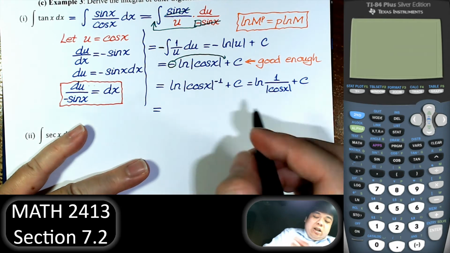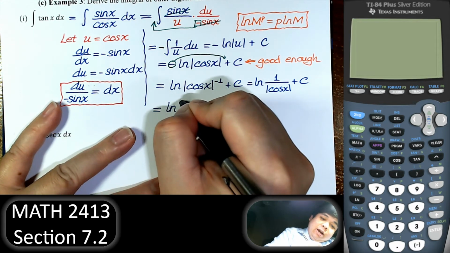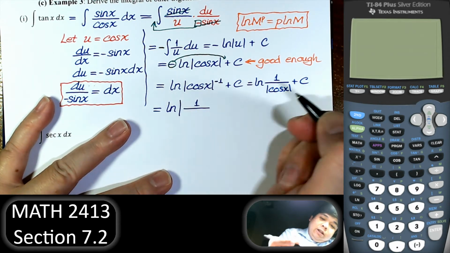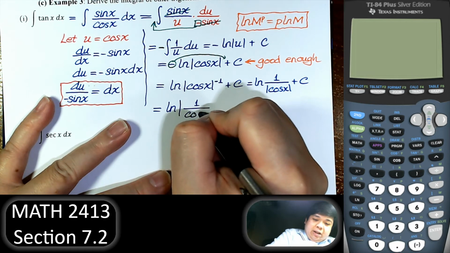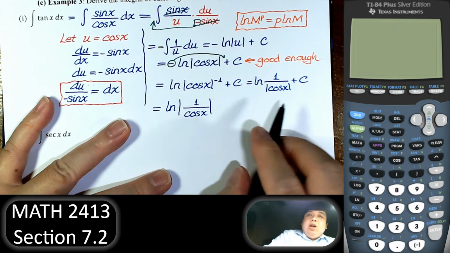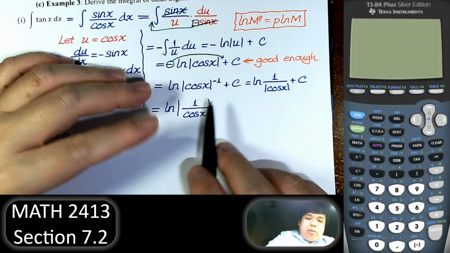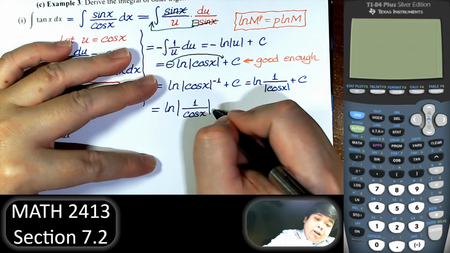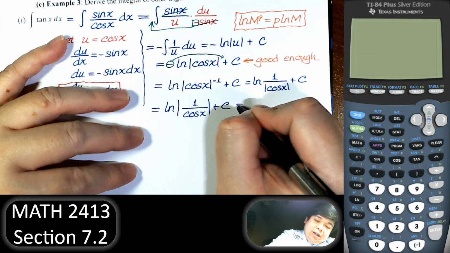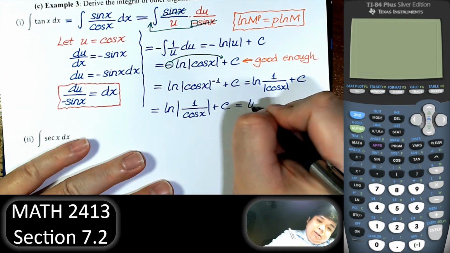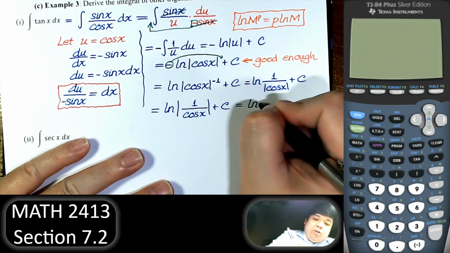And of course that is the same as ln of 1 over cosine of x. So 1 over the absolute value of cosine of x, 1 is positive, so we can bring the whole thing inside the absolute values, and that gives us ln of 1 over cosine, which is secant.